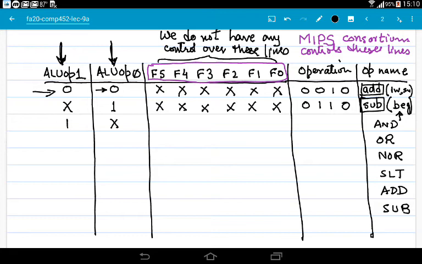So let me tell you what I am doing right now. I am typing in Google: MIPS opcode and function.